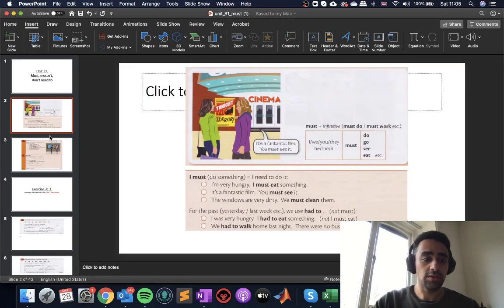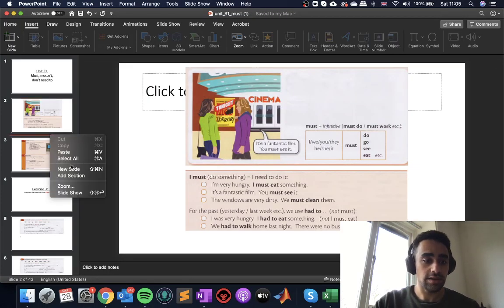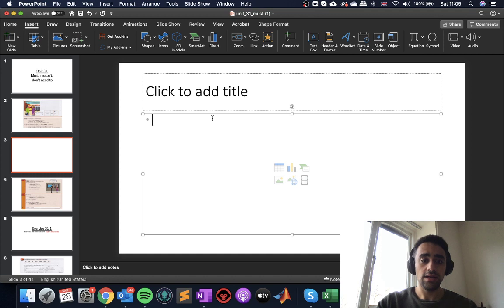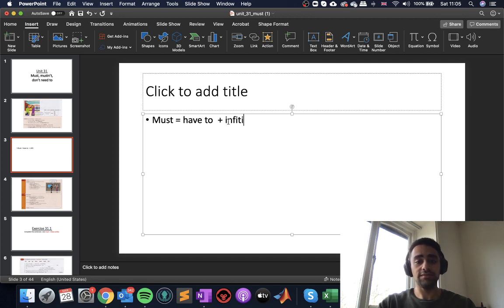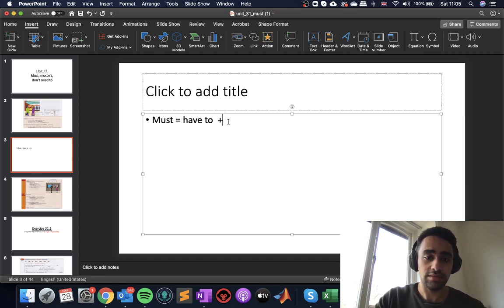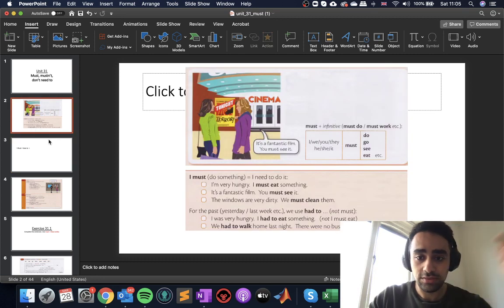So let me put just a quick slide here. As I was saying, must is equal to have to. الاتنين بمعنى لازم. Both of them are followed by the infinitive.